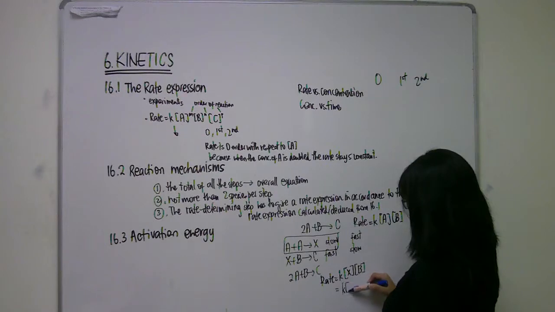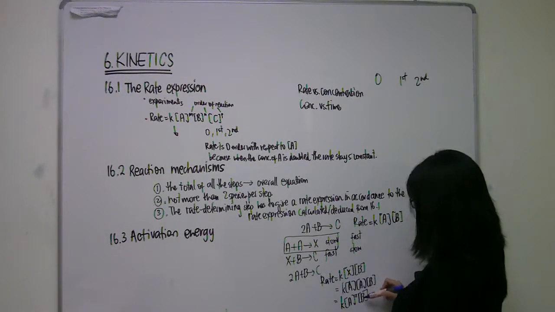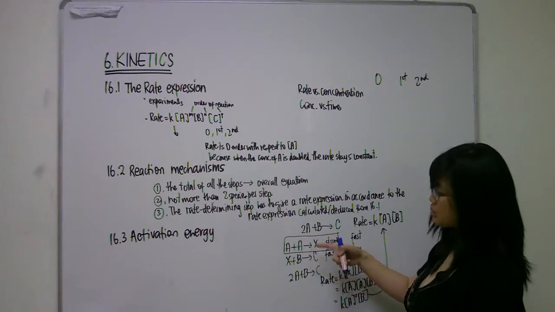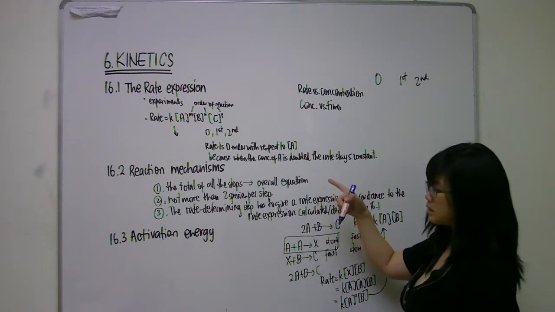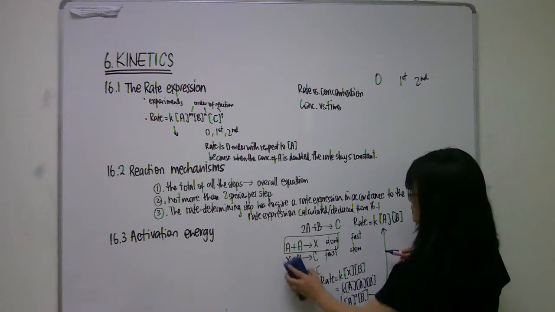So we can change it to a, b. So I'll get k a square b, which again doesn't tally with this one. Which means this reaction mechanism, although it fulfills the first two rules, it doesn't fulfill the third one. So this cannot be the correct mechanism.